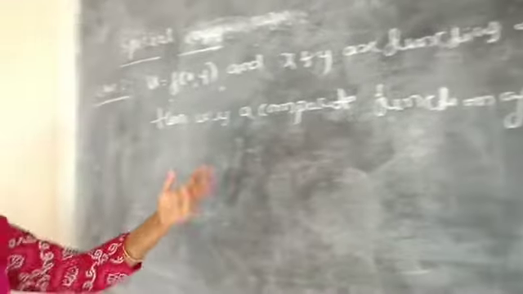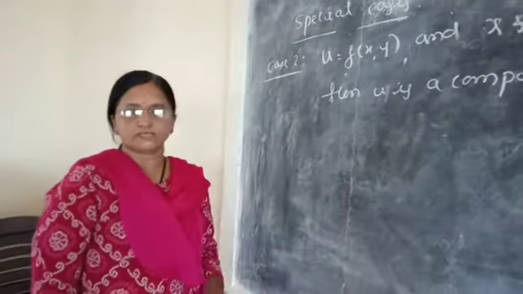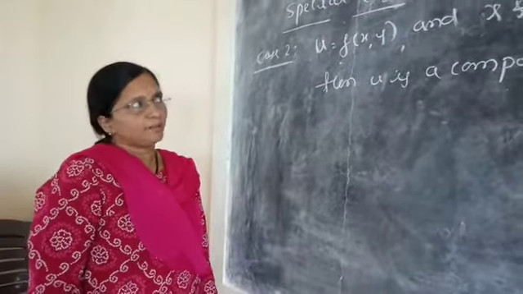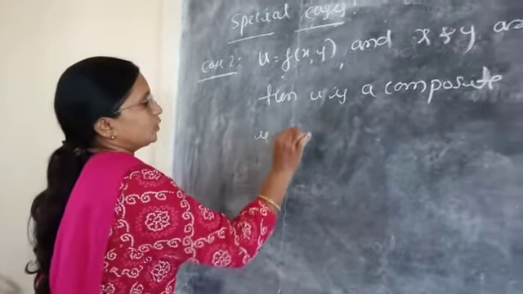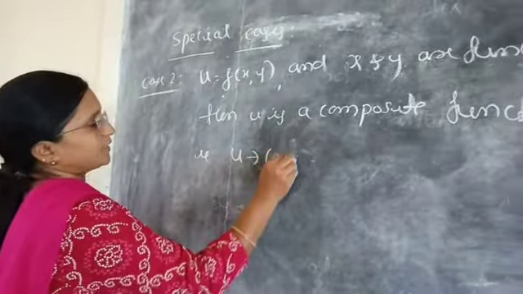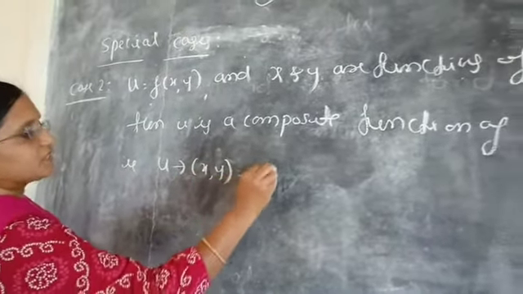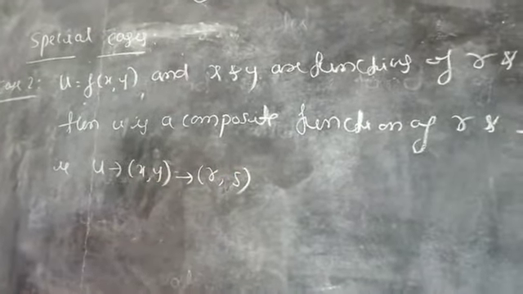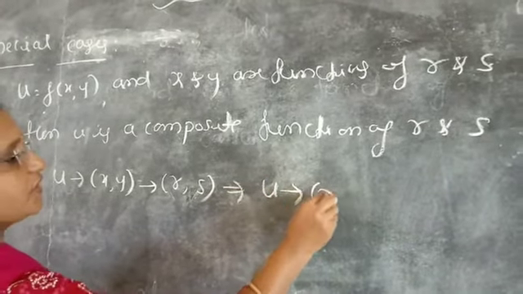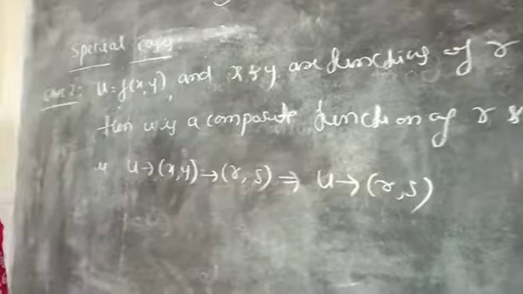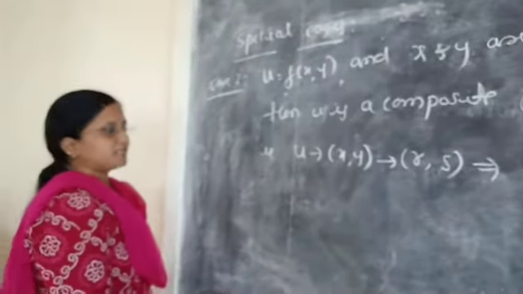In the previous case it was in terms of only one variable, but here x and y are in terms of two variables. That is, u is a function of x y, and x y are functions of r and s. Then u is a composite function of r and s. So here in this case, what do we have?